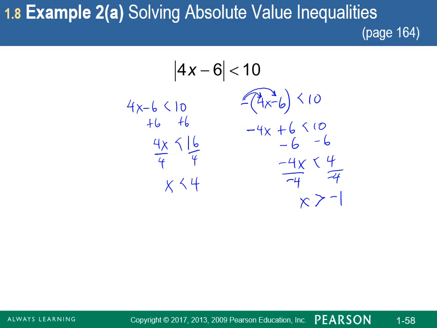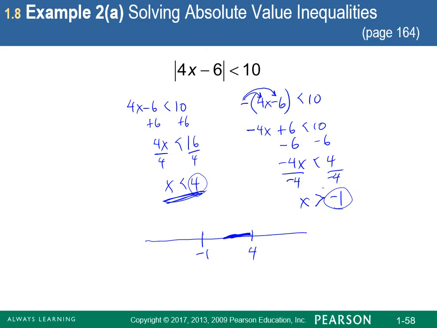Now here is my line. I've got a mark at 4 and at negative 1. So here's the negative 1 on the left, and here's the 4 on the right. And here it says I need to shade to the left of 4.